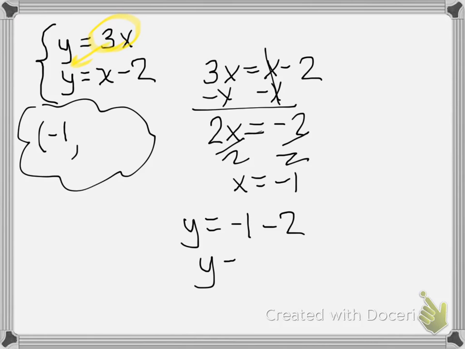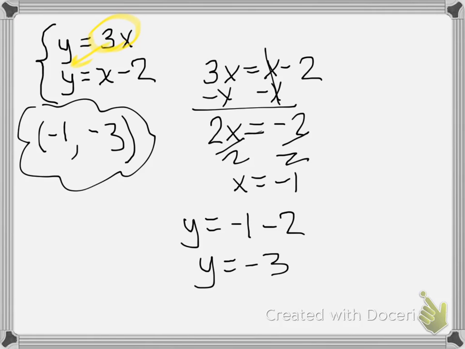So negative 1 take away 2 equals negative 3. So I get negative 3. And then I can double check it. Remember, you can always put it in an ordered pair, but always remember you can double check them by plugging them back into the original equation.